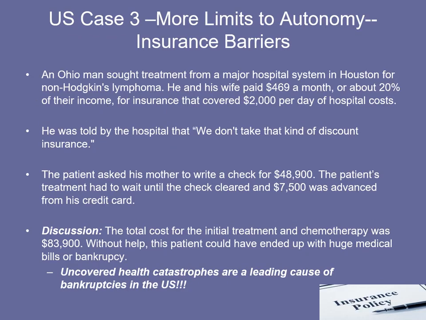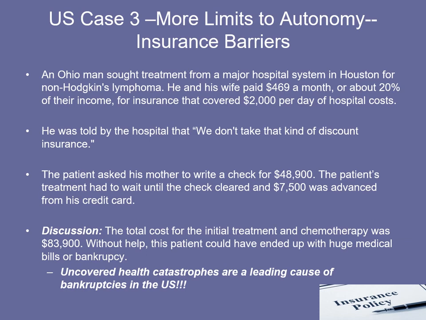This case describes a major limitation to autonomy in this country, and unfortunately a phenomenon that's occurring with increasing frequency. In this particular instance, an Ohio man sought treatment from a major hospital system in the southern United States for lymphoma.